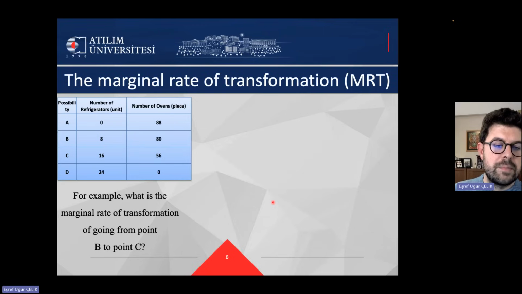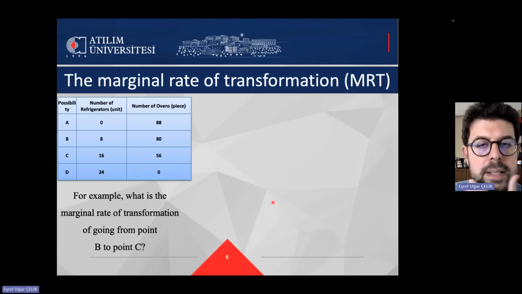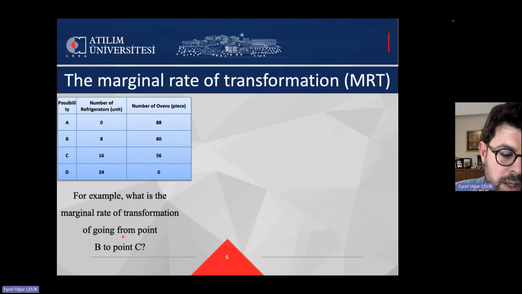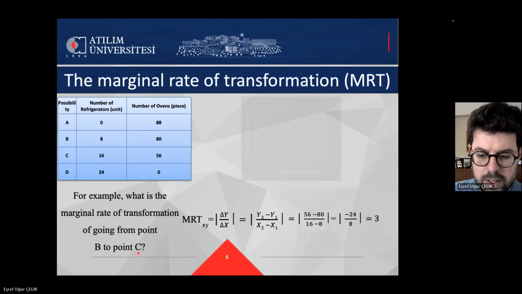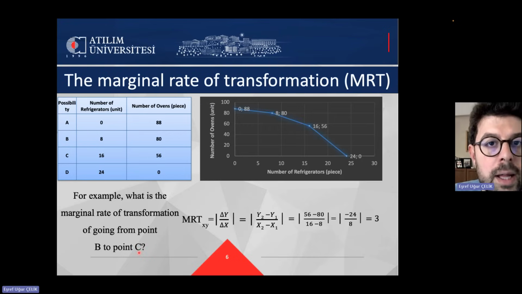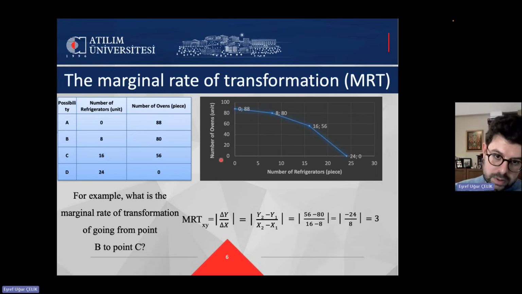Let's make an easy example on marginal rate of transformation. That's the same idea as slope. Which point I indicate first? That is our starting point. Then we write the second point. And in the question, I have to mention which one is located in vertical line and which one is located in horizontal line.